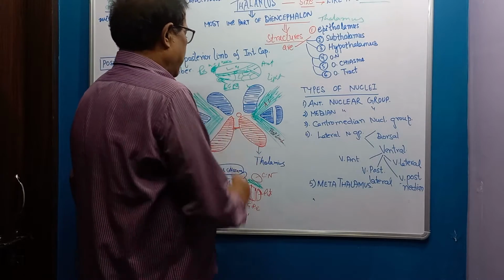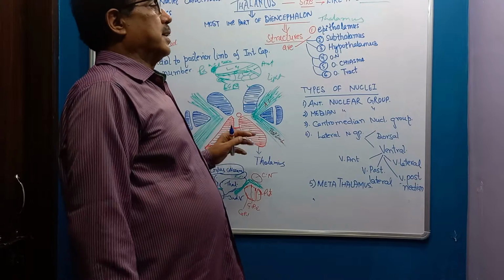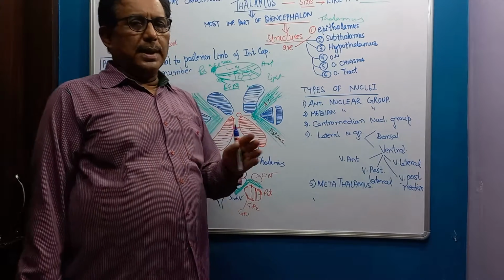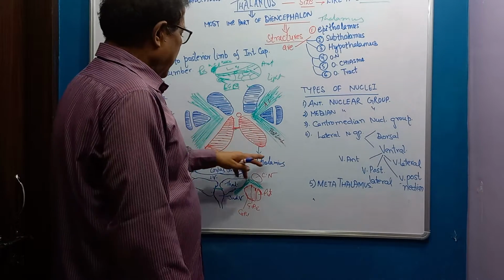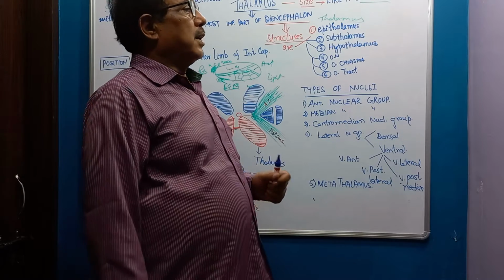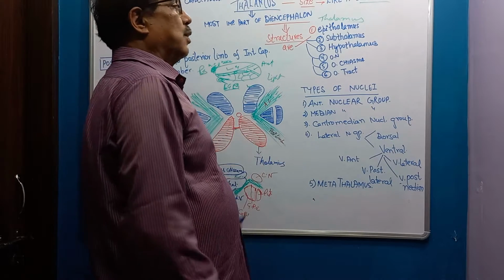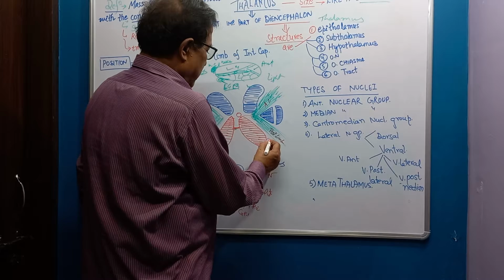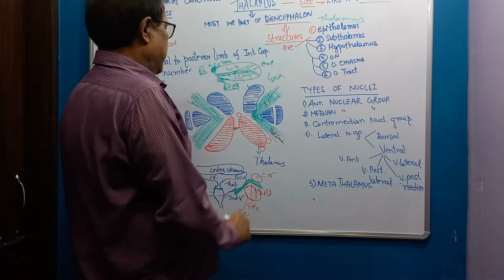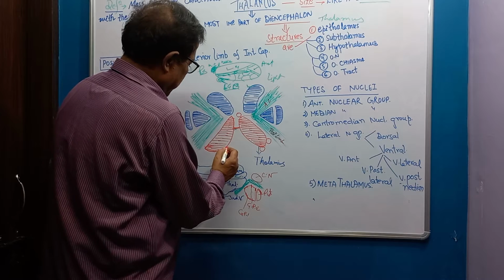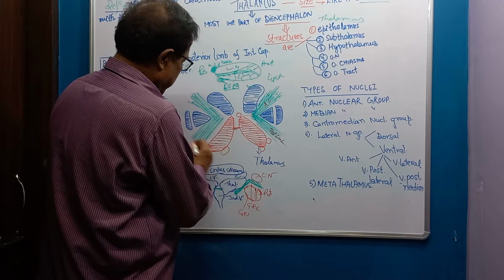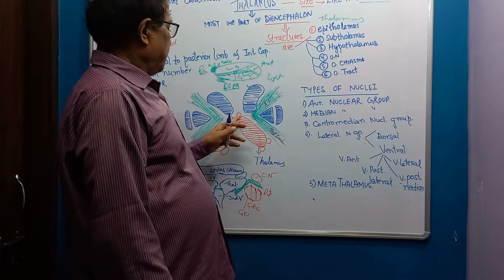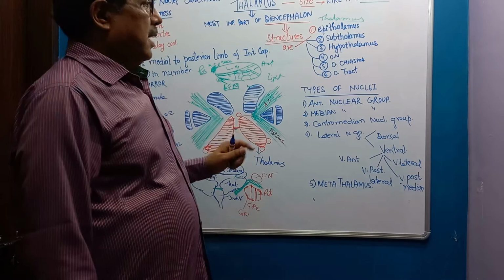The caudal pole is also known as the pulvinar, and it overhangs the geniculate bodies and the superior colliculus. This is the lateral geniculate body, and this is the medial geniculate body.